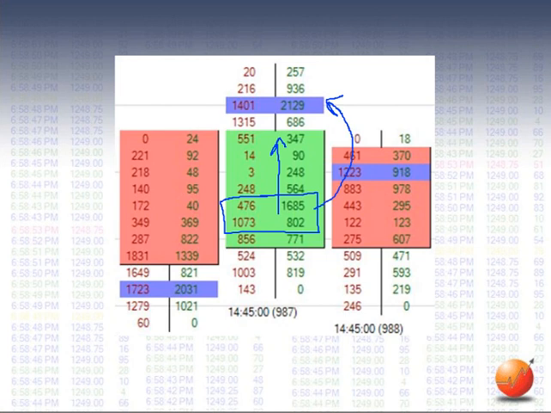So if I didn't get long here, and I saw this take place, and I didn't get long when the high volume was here, and I told myself, okay, well, I'm going to get long the next time it comes down. When this shifted up, the condition changed. And I would say, I'm not looking to get long anymore, correct?